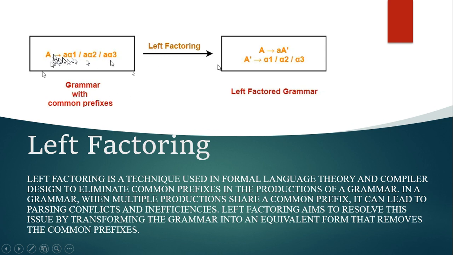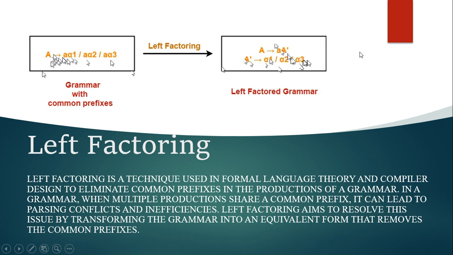After left factoring, we can convert this by giving an extra non-terminal prefix, which avoids the conflict. Here A goes to A dash, and A dash is alpha 1, alpha 2 and alpha 3. So if we want A alpha 3, we can only take this value and neglect the other two.